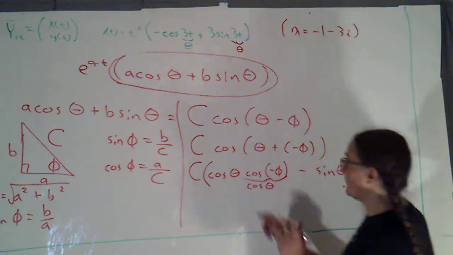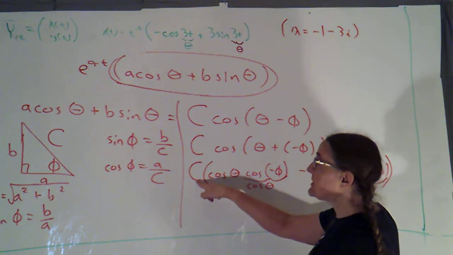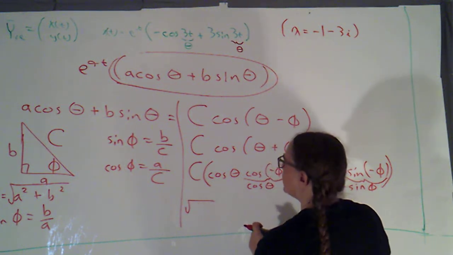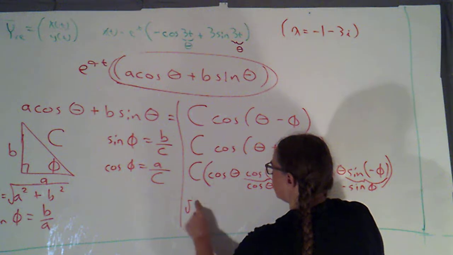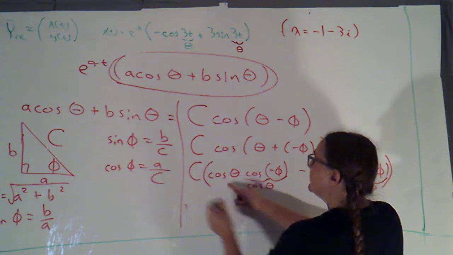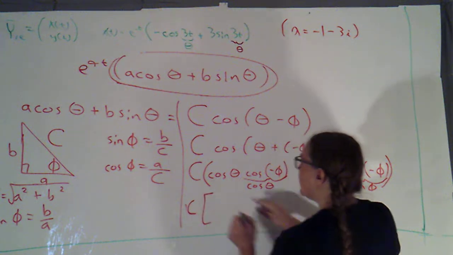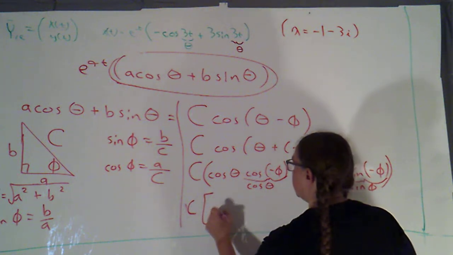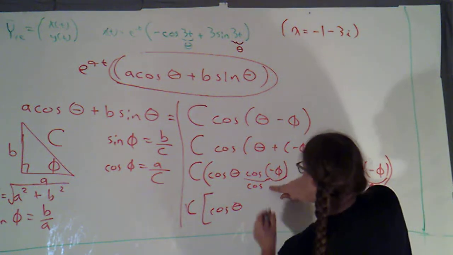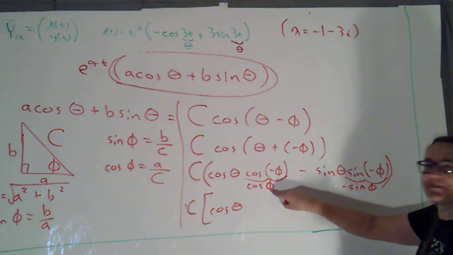I can just say this is c times cosine of theta. But whoops, sorry, this is cosine of phi, not cosine of theta.